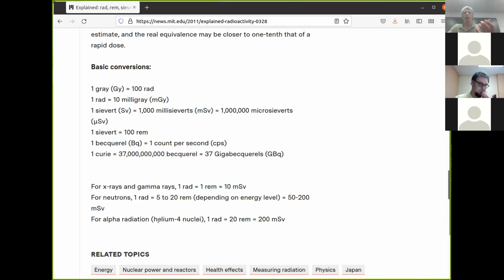And then alpha particles can do 20 times as much damage, but only if they get into your system. So alpha particles, as we are going to discuss, are very easy to shield with just a piece of paper or something. They are very large particles, right? Nuclei of helium atoms. And so they can't penetrate through even a very small amount of shielding.